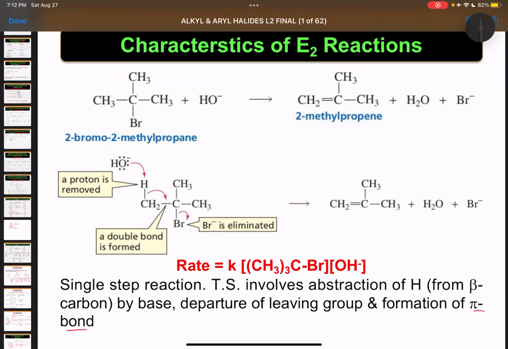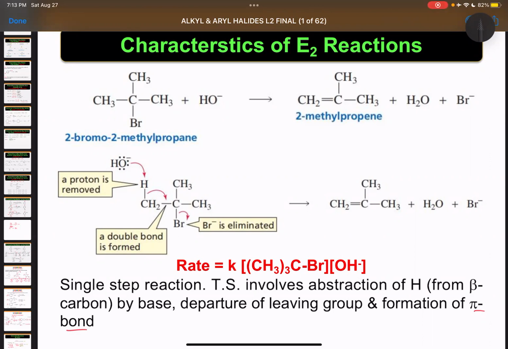And it happens only in one step, in which the base, in substitution, what was happening? The substitution base was directly coming and attacking on the carbon atom on which the leaving group was there. Okay. But in this case, in that case, it was known as nucleophile.